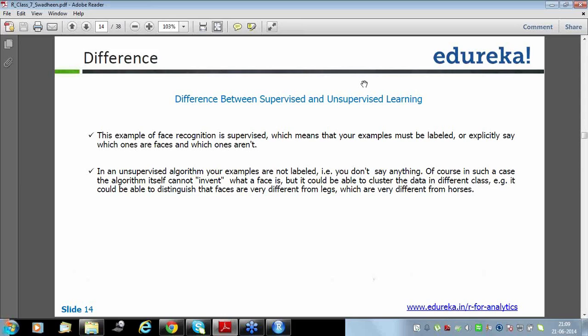Supervised in what way? When everybody of us started learning the bicycle in our initial days, like when we first started learning any vehicle, the bicycle was the first thing.